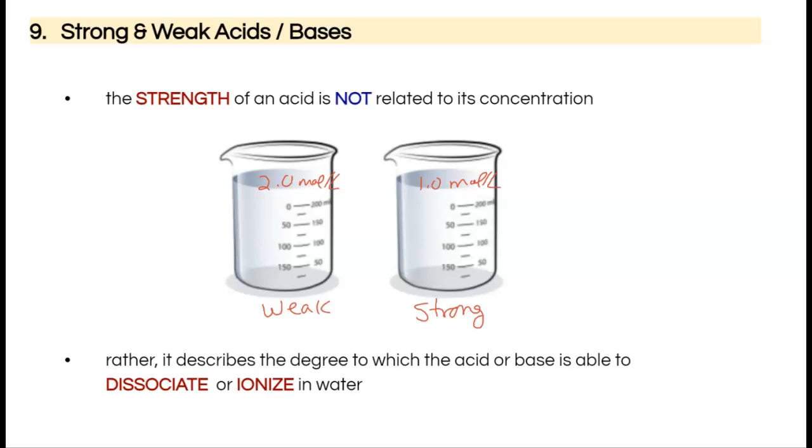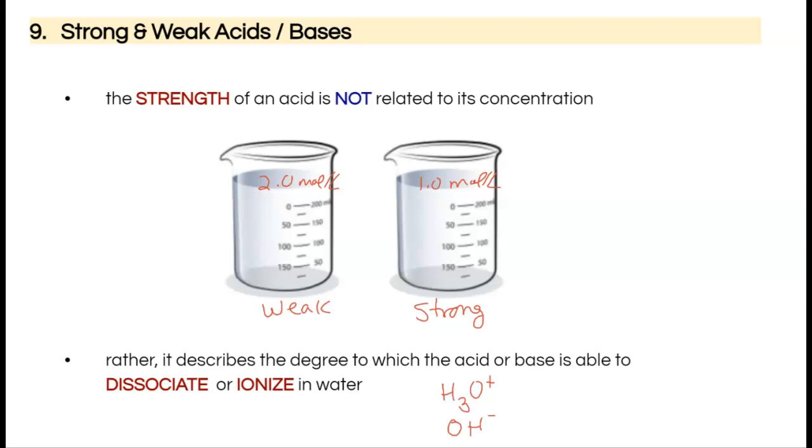So, it's really not about the concentration. That has to do with the number of moles in a given volume of solution, whereas weak and strong has to do with the degree to which an acid or base is able to dissociate or ionize in water, liberating, if it's an acid, those hydronium ions, and if it's a base, those hydroxide ions, right?